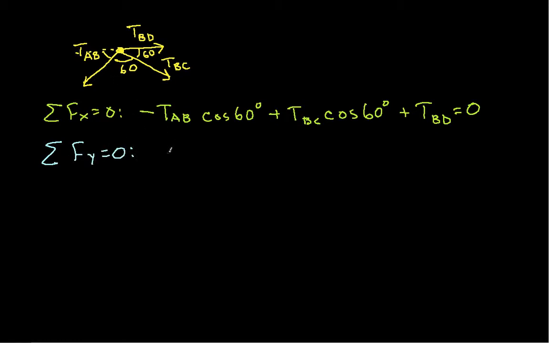And here we have minus TAB sine 60, minus TBC sine 60 degrees, is equal to 0. Okay, this is the component of TAB and TBC in the vertical direction.